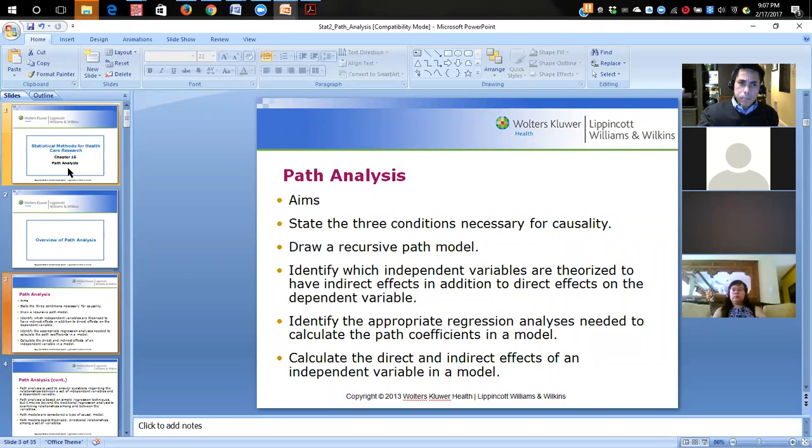It is moving beyond doing simple regression analysis.